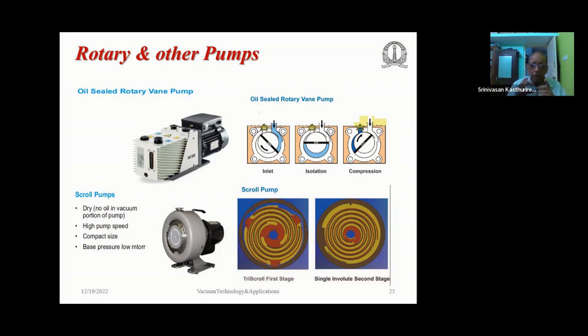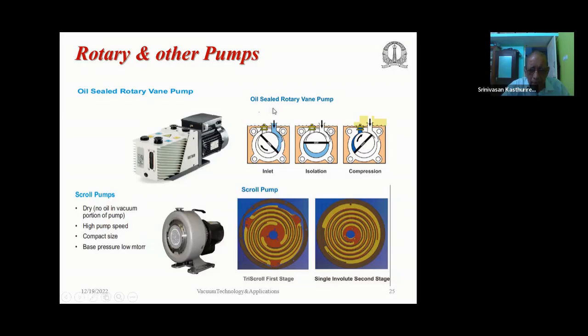One roller is rotating within another housing. Then you have a vane, which is a spring-loaded vane. The roller which is rotating is located eccentrically with respect to the housing, so the vane will extend or compress, extend or compress, like that it keeps on happening.